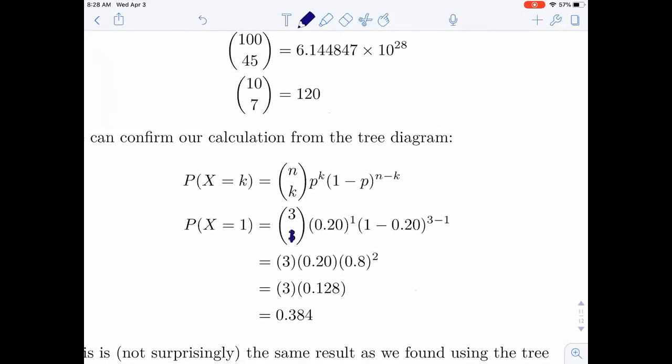So we're looking for the probability of exactly one success, right? X equals 1 is 3 choose 1. And then the probability of a success was 0.2 to the power of 1, one success. And then 1 minus 0.2, which is 0.8, to the power of 3 minus 1, which is 2 failures. Once you whittle this down, you get the same answer, right? 0.384.